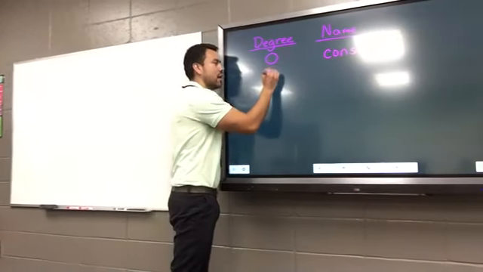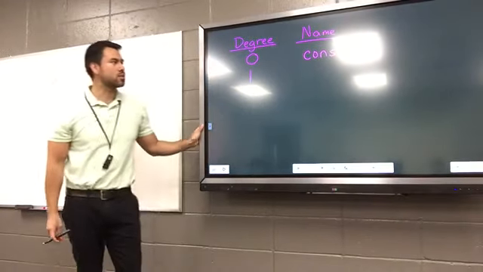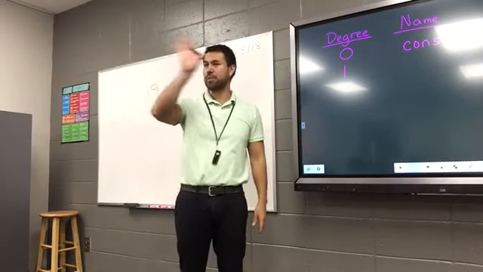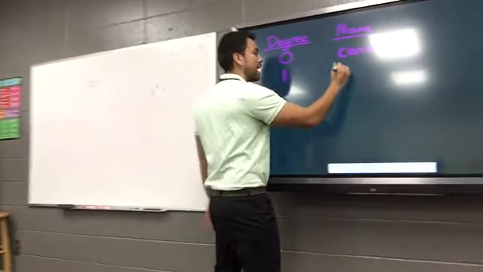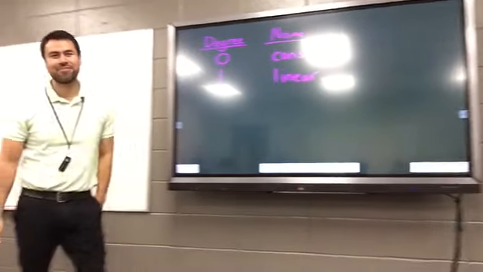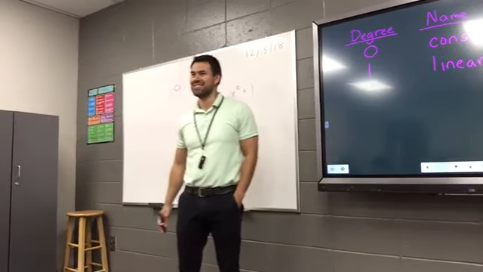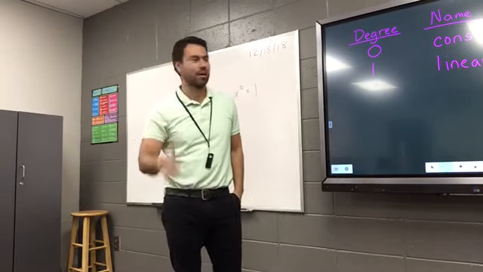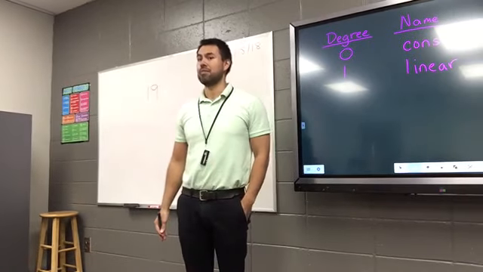If you have the highest degree of 1, you look at this polynomial and the highest term is just a 1. You call that linear. You know why we call that linear? What word is in there? Maybe a mathematical word that you probably are familiar with? There's a line.